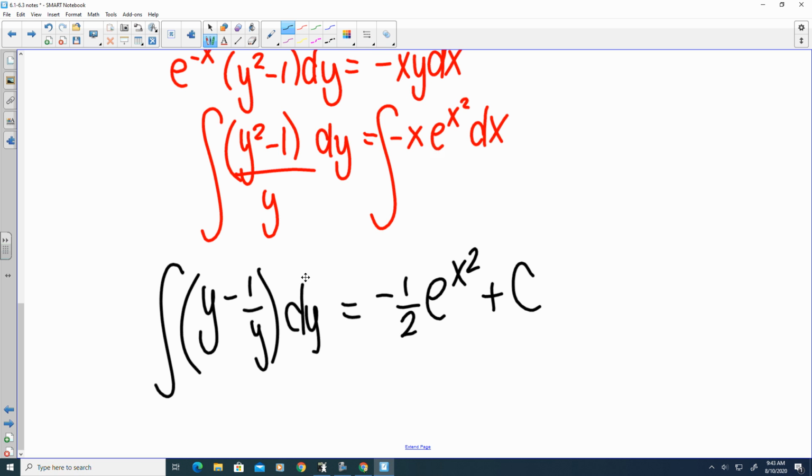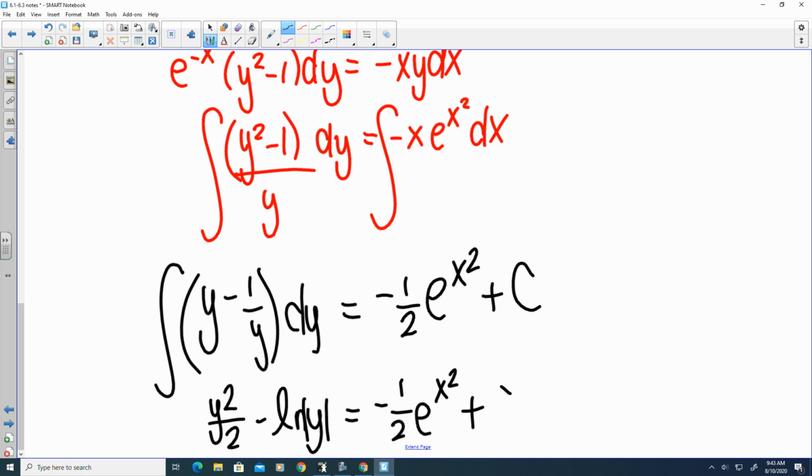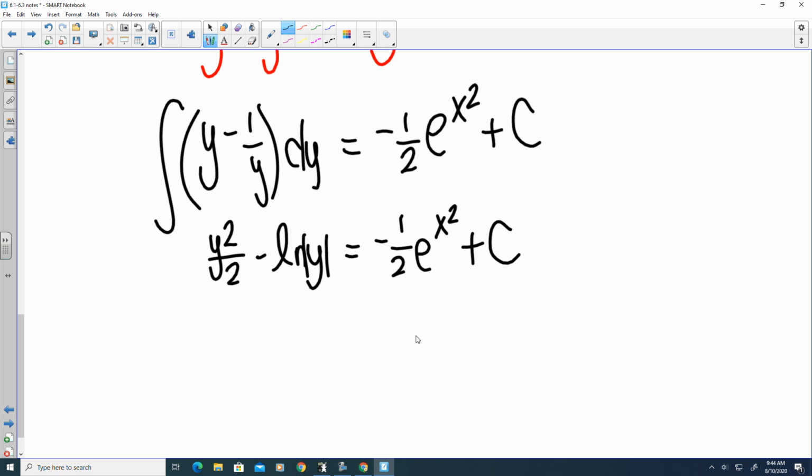So that side's done. The left side is y squared over 2 minus natural log y. Now I have that initial condition to worry about, 0, 1. So I'm going to plug in 0, 1 to figure out what c is.